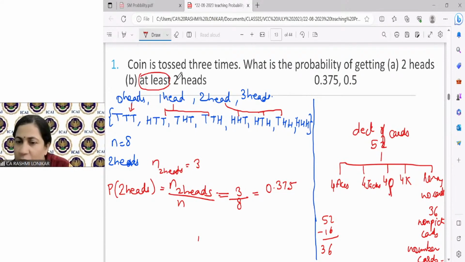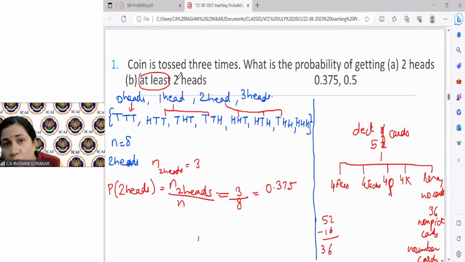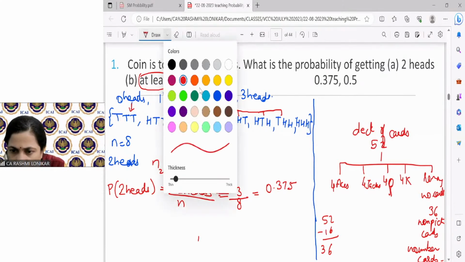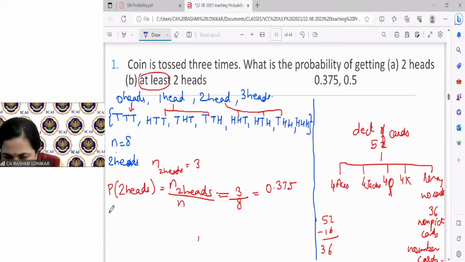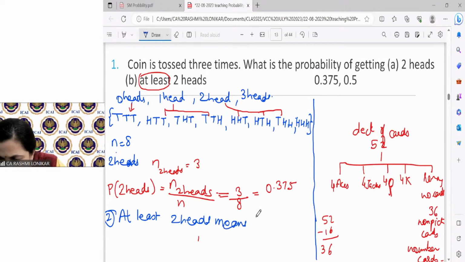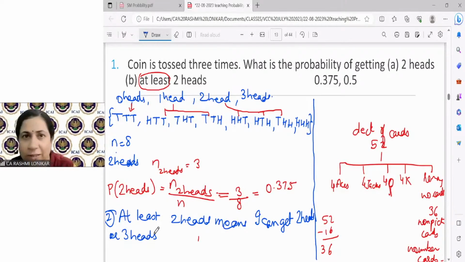Okay. Now this is a very important word, at least. At least 2 heads means what? That I can get 2 heads, or I can get 3 heads also. Because we have only 3 coins, I can't have four heads, right?